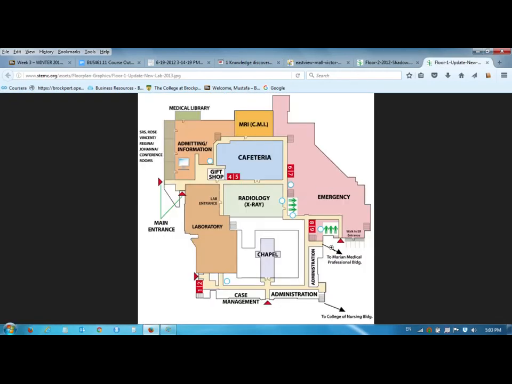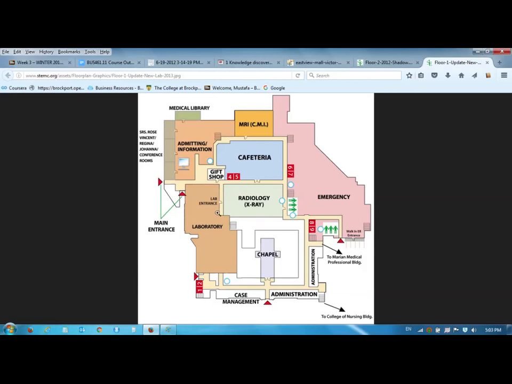If you look at the hospital, think about this. If a person comes to emergency, the chances are that the person will also visit the radiology department, and they may also visit the lab. And if you look here, the emergency and radiology departments are put together. That means most customers are going to visit these two together. That's why they put them together. And the lab is also a frequent visit from emergency, but maybe not as frequent as the radiology department.